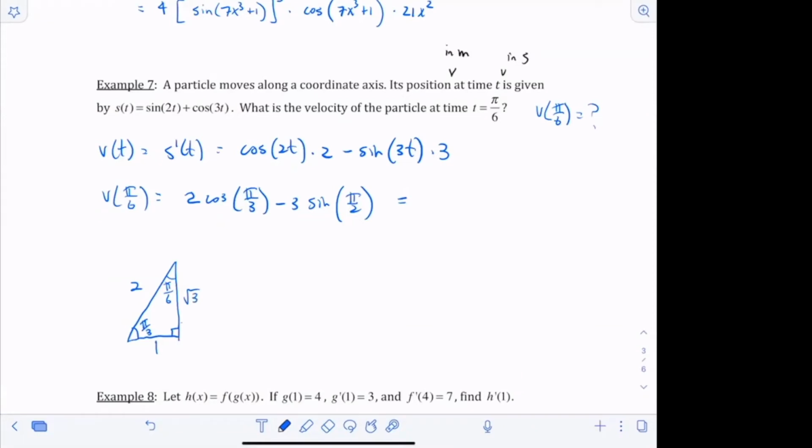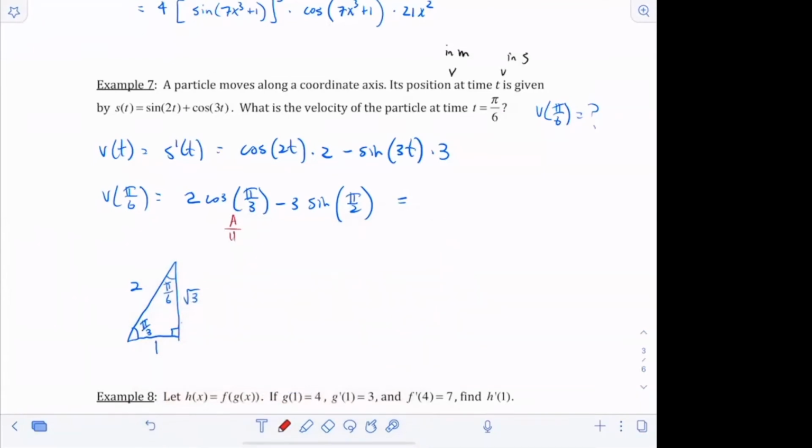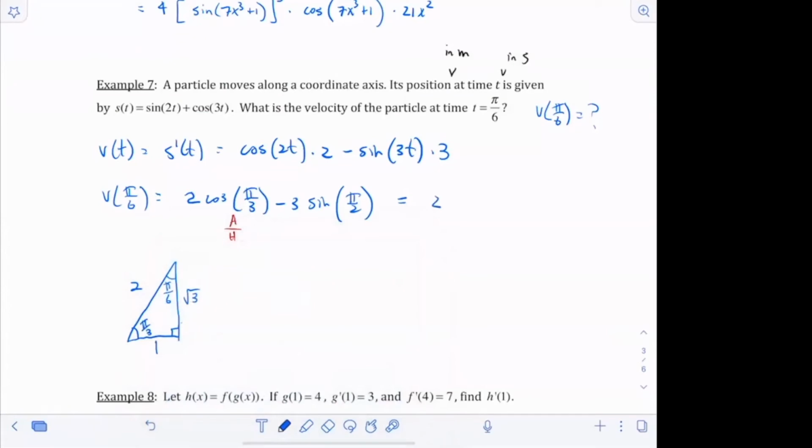And cosine is adjacent over hypotenuse. So in this particular case, it's going to be 2 times the adjacent side is 1, the hypotenuse is 2, so that's 2 times 1/2. Are there any questions about that part?